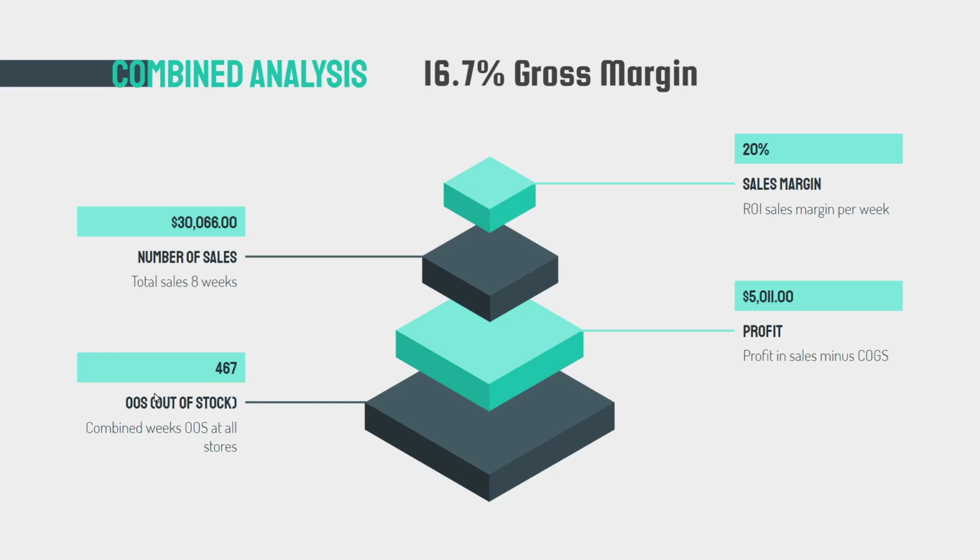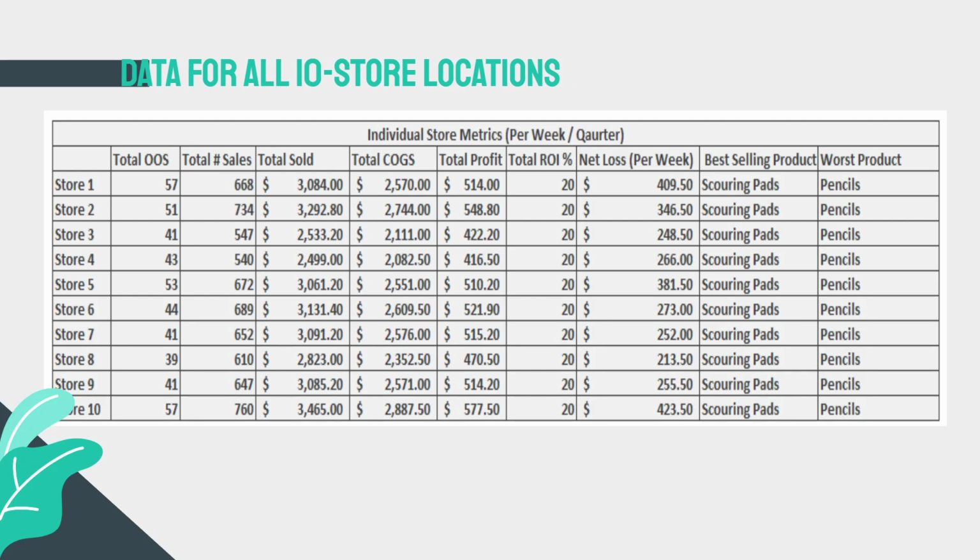So we didn't count 2 zeros, we only counted the 1. But I have those separate calculations. But basically, out of all 10 stores, through that 8 weeks, there were 467 out of stock items across all stores for that period of time, which isn't really good.